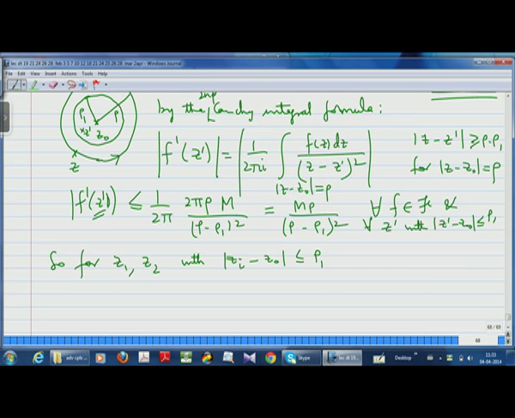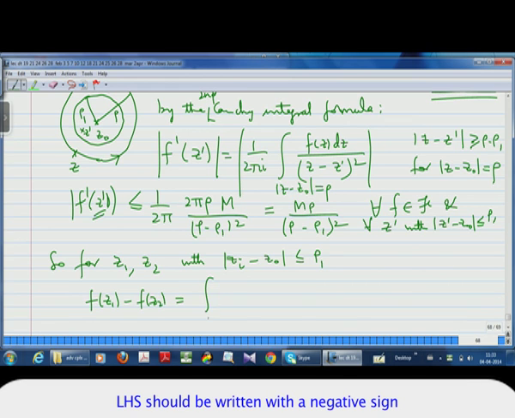You take two points z1 and z2 in this smaller closed disk, then f(z1) minus f(z2) is nothing but the result of integrating from z1 to z2 of f dash of z dz. This is because of the fundamental theorem of integral calculus.